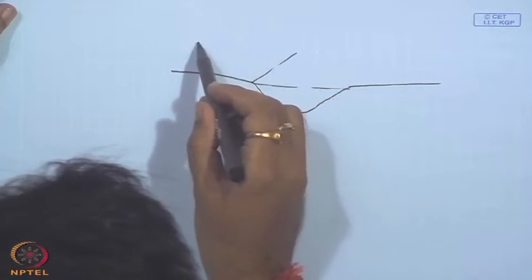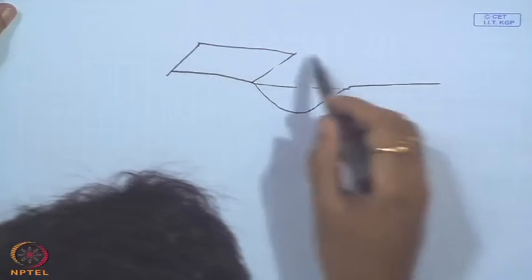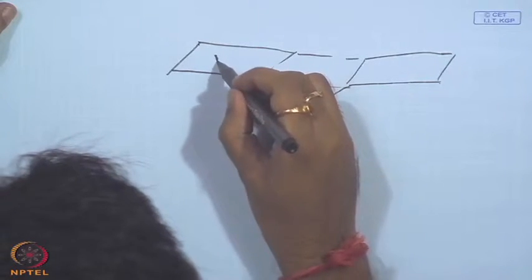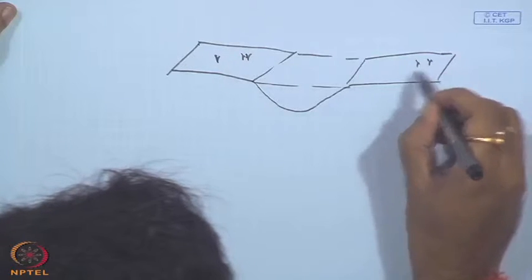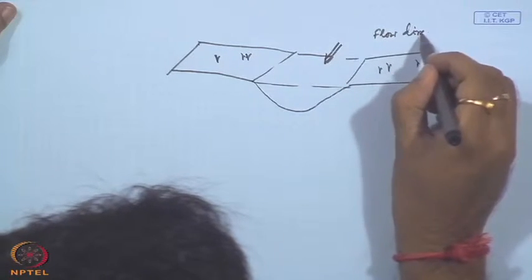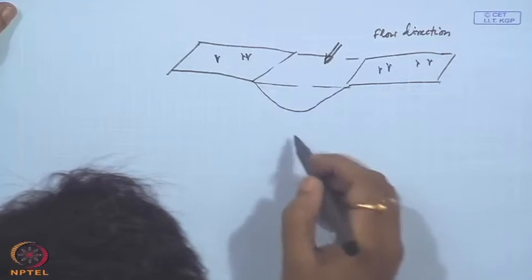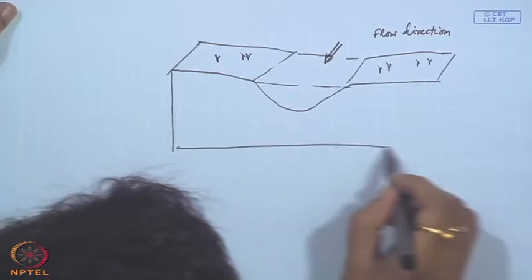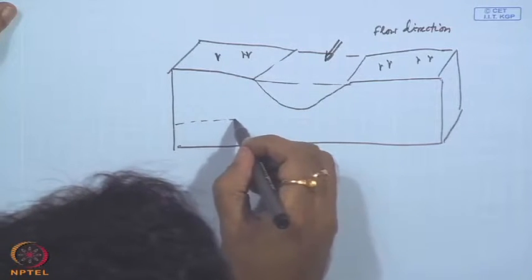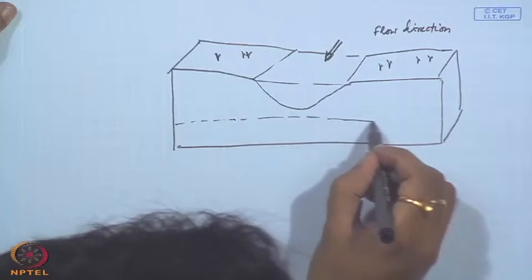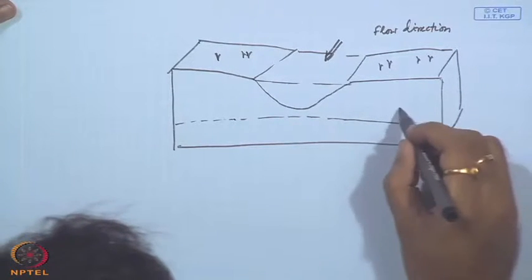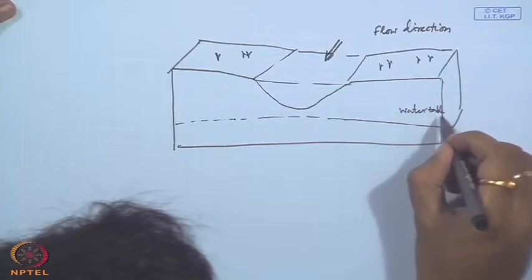In this case, this is the flow direction and we again have that shallow aquifer, and the water table is below the bed level of the stream.